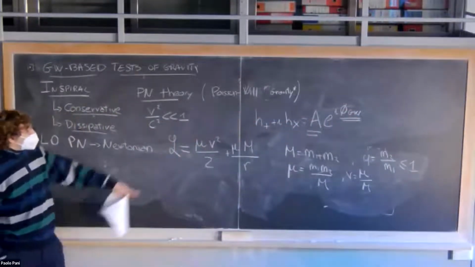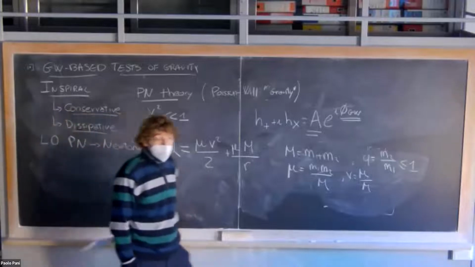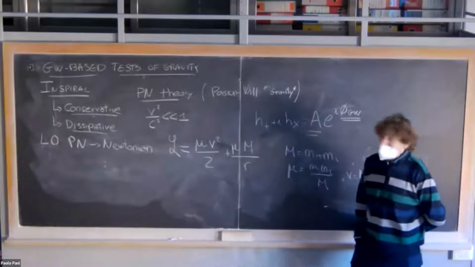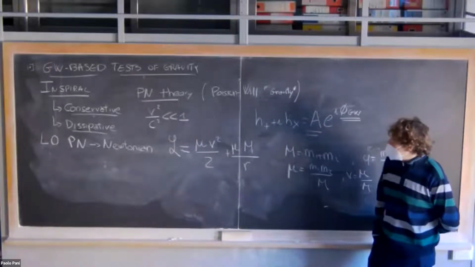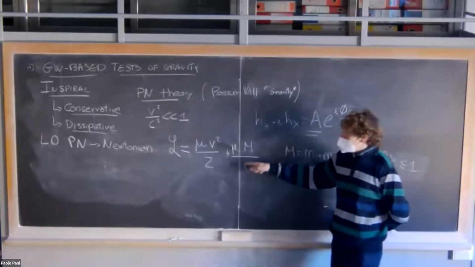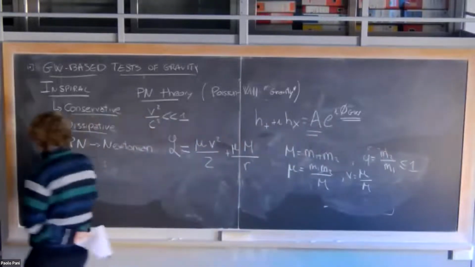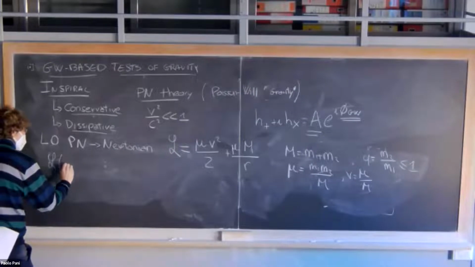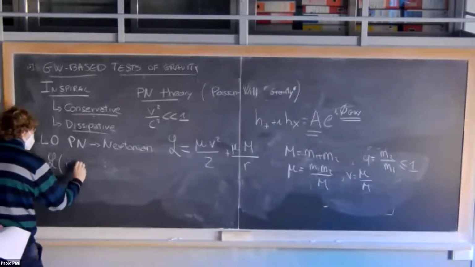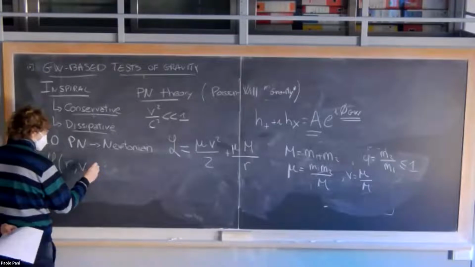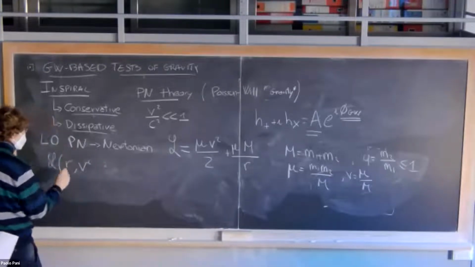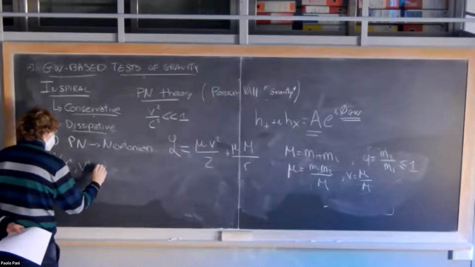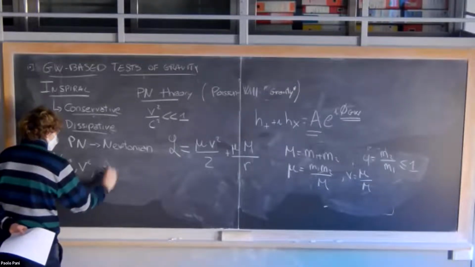Okay, so this is the Lagrangian for two point particles with masses M1 and M2 orbiting each other, interacting only gravitationally. From this Lagrangian, one can compute, so this Lagrangian in general for the system would depend on the relative position r. It can depend on the velocities, and it can depend also in principle on the acceleration.